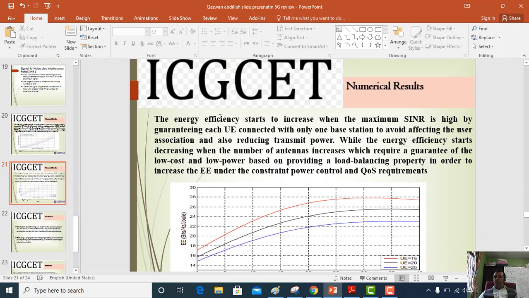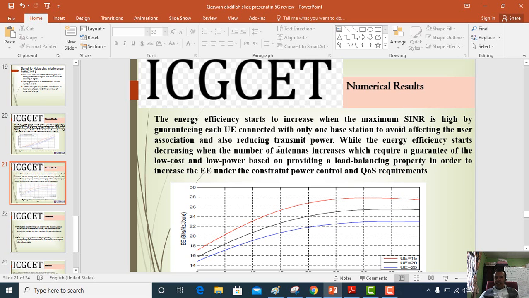The energy efficiency starts to increase when the maximum SINR is high, by guaranteeing each active user is connected with only one base station to avoid affecting the user association and to reduce the transmitted power.